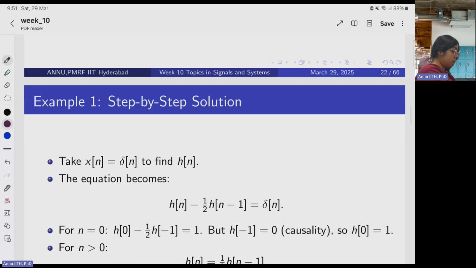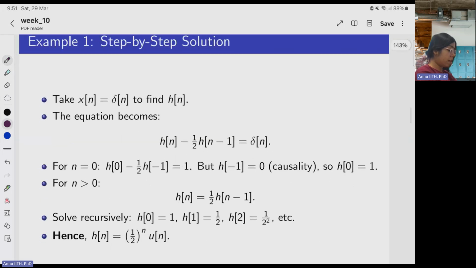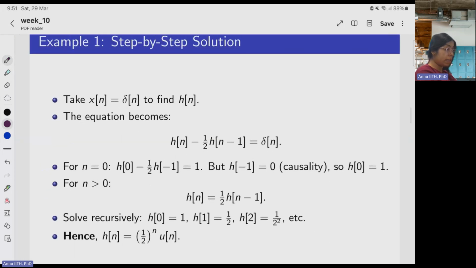So the impulse response will be given step by step. So we have x and y, and how the h of n will be calculated.